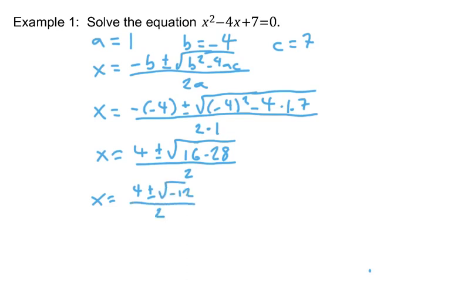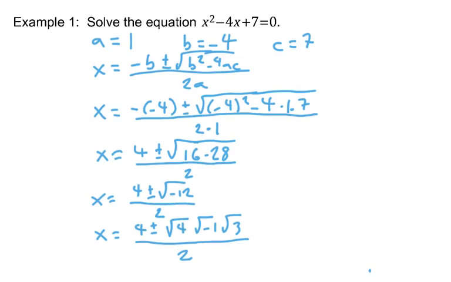Now we do at this point know about complex numbers, and that radical can be simplified. We can factor it into a perfect square. Notice that the 12 is 4 times 3, times a negative 1, principal square root of negative 1, times principal square root of 3. So 4 times negative 1 times 3.